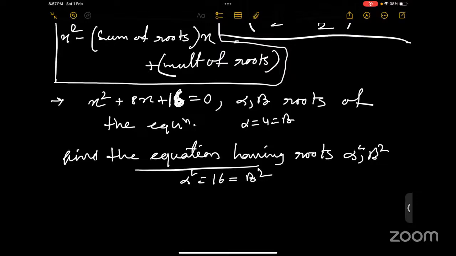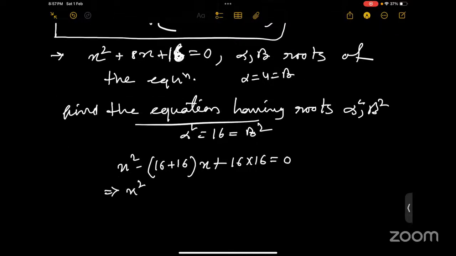So x square minus, sum of the roots, 16 plus 16, 32, right? Plus 16 into 16, right? Yeah.